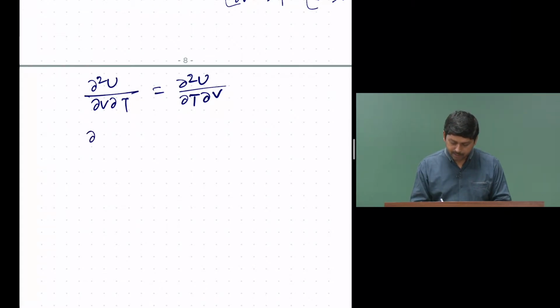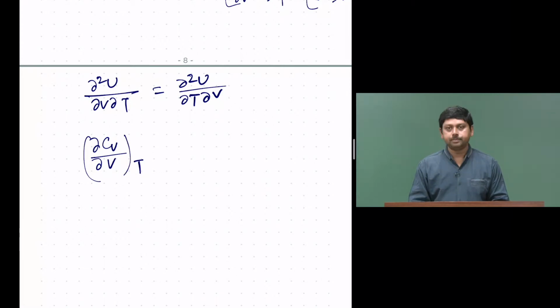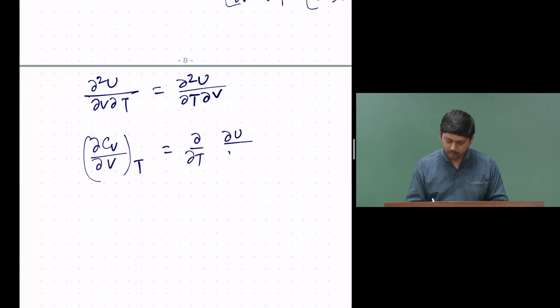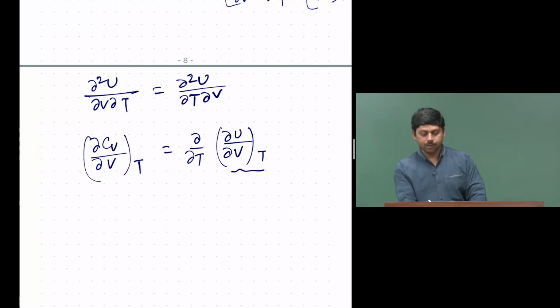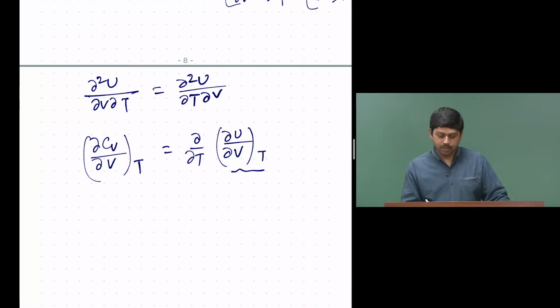We are writing del Cv by del V at a constant T is equal to del del T of del U by del V at a constant T. The reason we are writing that is because we discussed, during the Joule's expansion, how the internal energy changes with respect to volume at a fixed temperature.